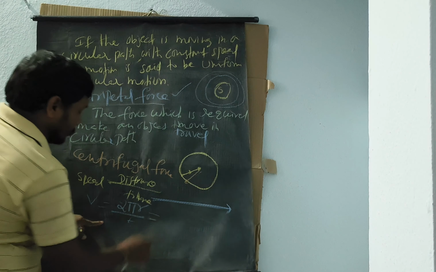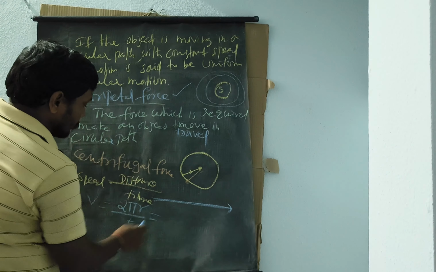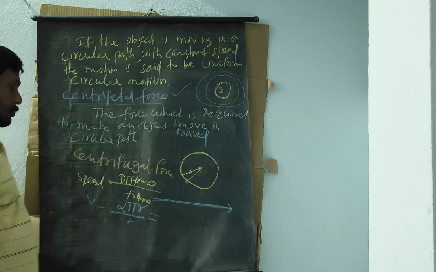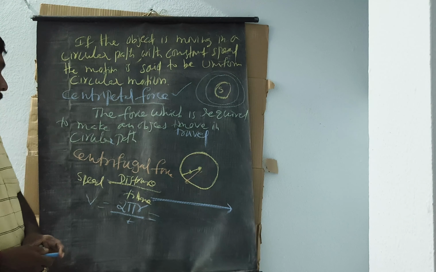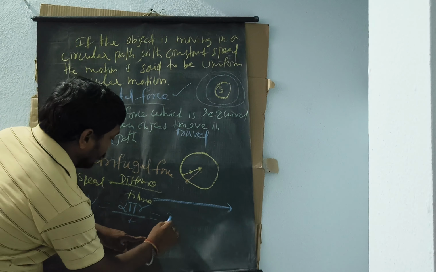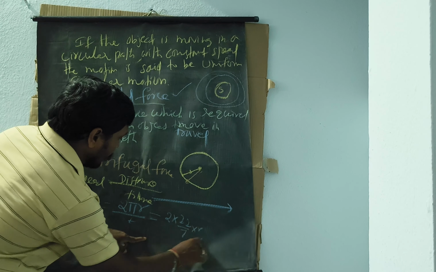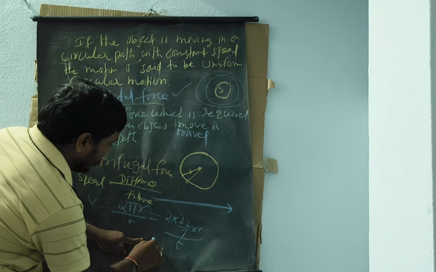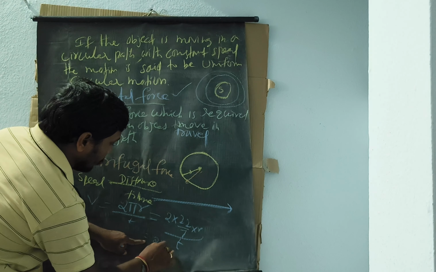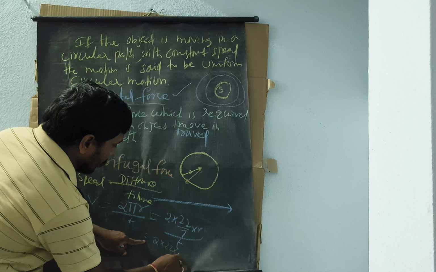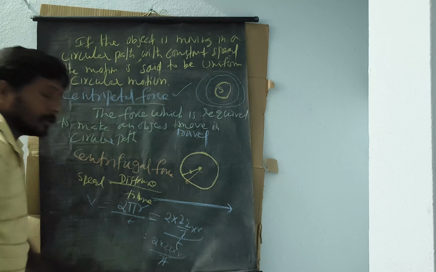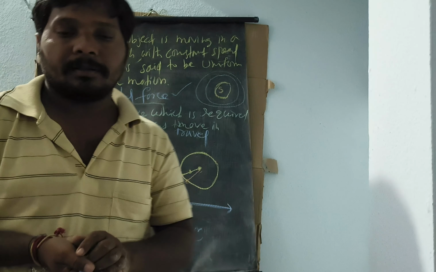That is equal to 2 into the value of pi, 22 by 7, into r by t. We can write it as 2 into 22 into r by 7t, right?